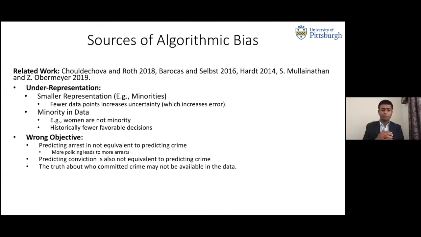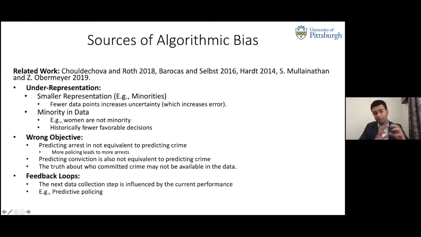Simply because you predicted somebody's conviction doesn't mean that you actually predicted the crime. And the truth about the committed crime may not actually be available. Maybe the only person who knows who actually committed the crime is the person who committed it. Nobody else will know, and that person is not going to tell you. So many times we tend to have wrong objectives. This is another under-the-radar source of algorithmic bias.